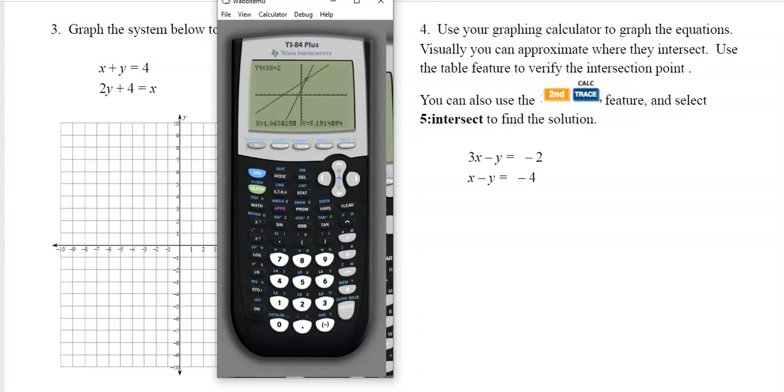And then you go down to number 5, which is find the intersection. Right now, that blinking dot, I can't really tell what line it's on, so I usually move it over a little bit so I know what line it's on. I'm like, yep, that line. And then it jumped up, and I enter that line. And then I have to tell it, yes, guess it. And it gives me a point.